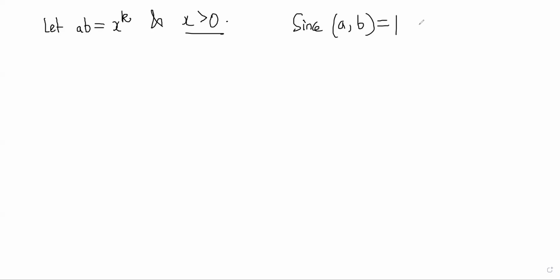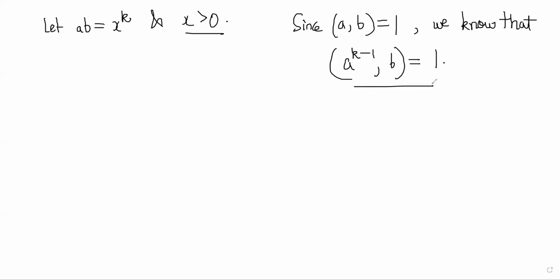So let's try and see this. Let AB is equal to x power k and x is greater than 0, right? Since A and B are co-prime, we know that A power k minus 1 and B will also have GCD 1, right? Correct.